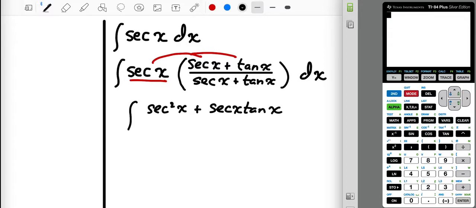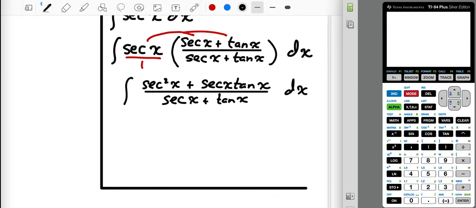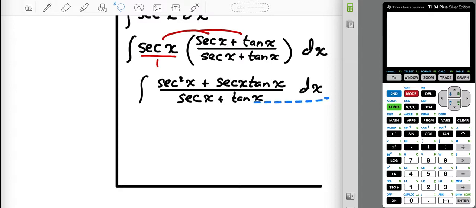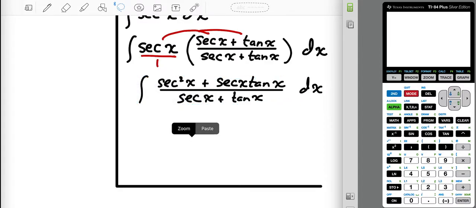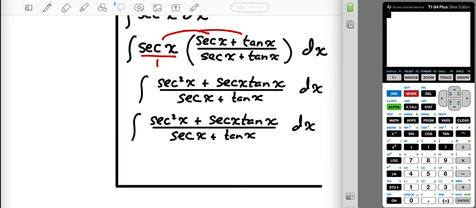The bottom is going to stay put because when you multiply a fraction by a monomial, it's really that monomial over 1. So this is over secant x plus tangent x dx. Now what I'm actually going to do is just rewrite it, very subtle change. Because addition is commutative, I'm going to swap the order in the numerator.